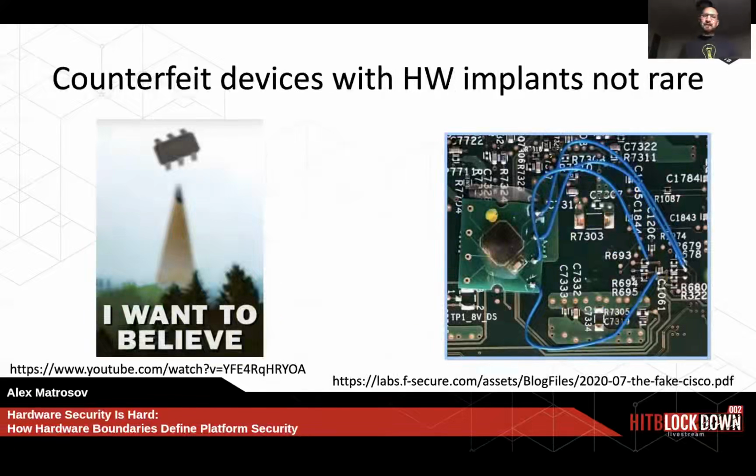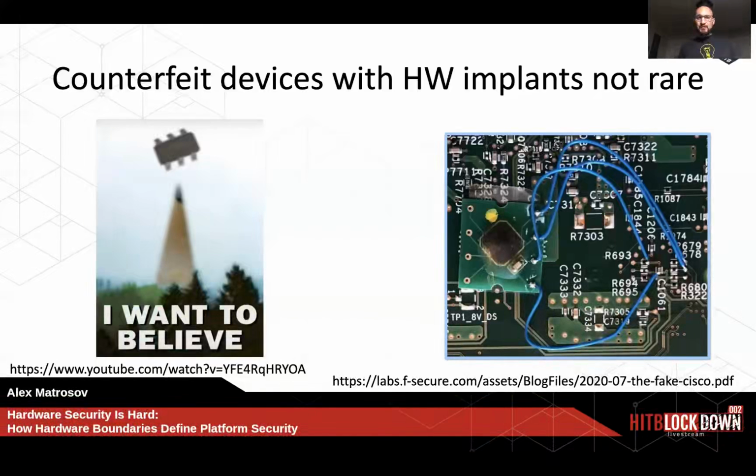Also, an interesting thing is when we deal with counterfeit devices with hardware implants. It's actually not a rare situation that we see this kind of device show up in the market, right?